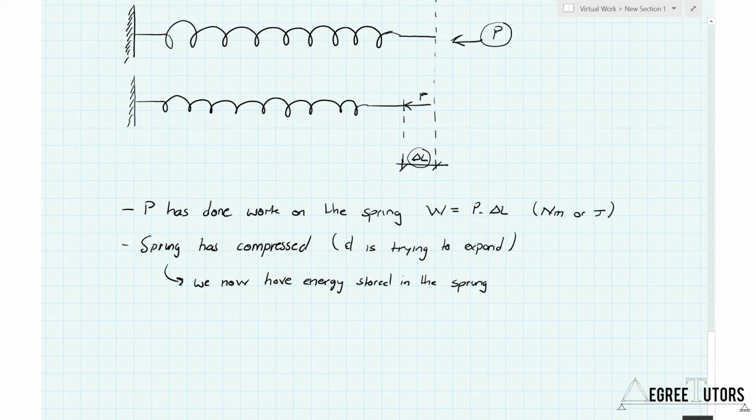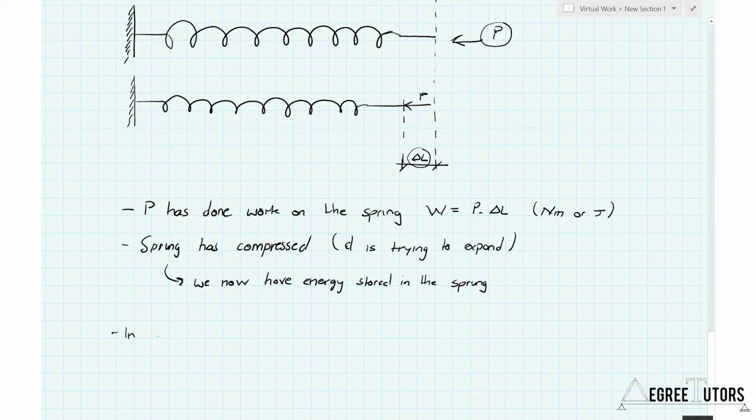So that's the work done by P on the spring, and that's being transferred because remember the principle of conservation of energy. We can't create or destroy energy. We've got to change from one form to another. So the work done by P has been conserved or transferred into stored potential energy within the spring. That's the key message we're trying to get across here.